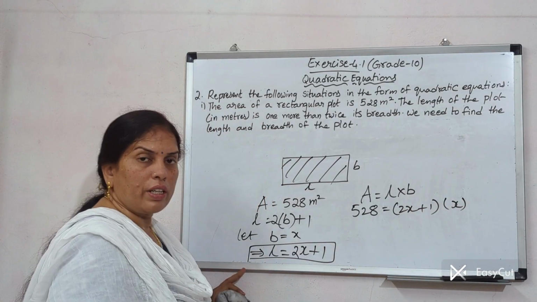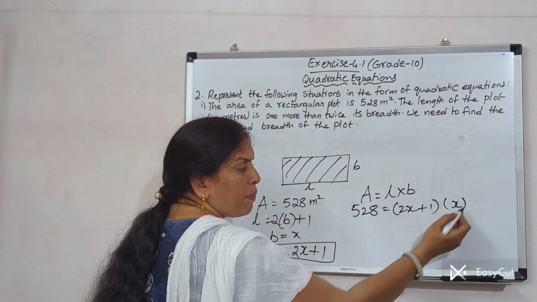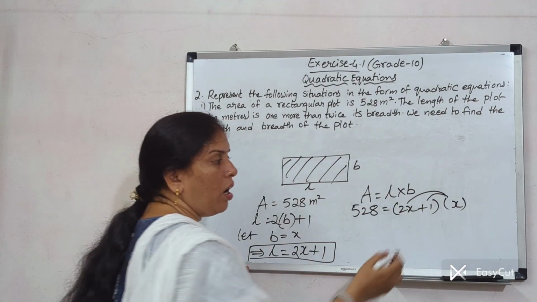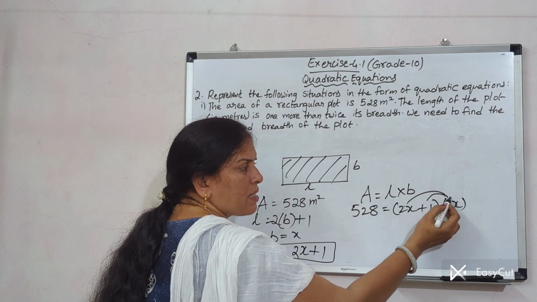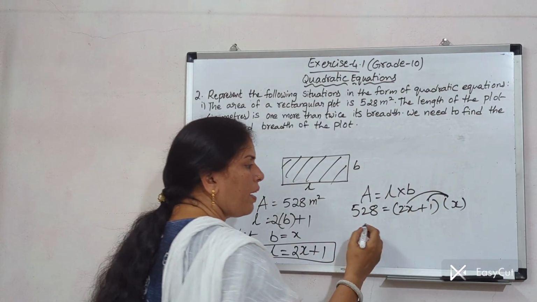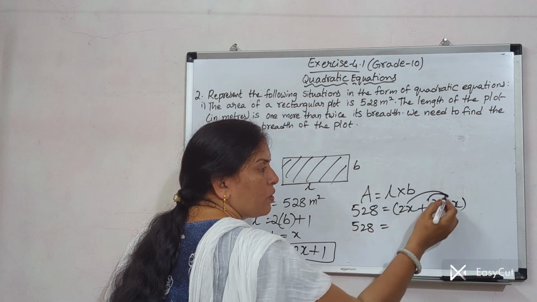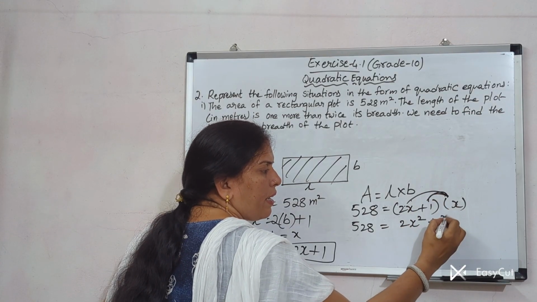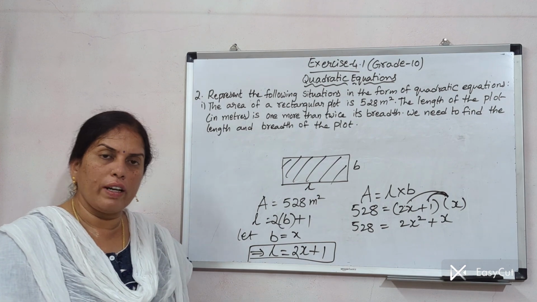All of you understood, children? So, you must multiply these two. x into 1, x into 2x, or x into 2x plus x into 1. Okay. 528 is equal to 2x into x is 2x square, plus x into 1 is x. All of you understood, ma?